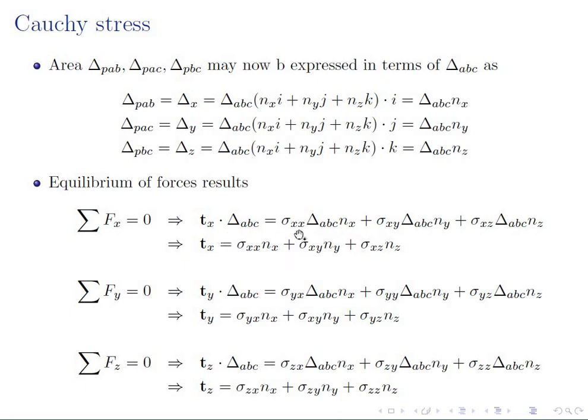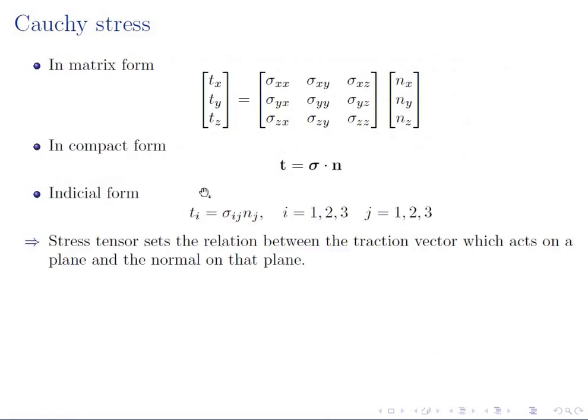This is what is written over here, the equilibrium condition. I can cancel out delta ABC from this equation and get this final form. Similarly, I can apply the equilibrium in the y direction and in the z direction. So now I will have three different equations.